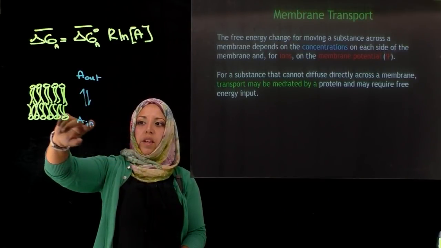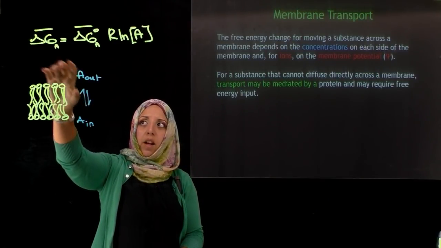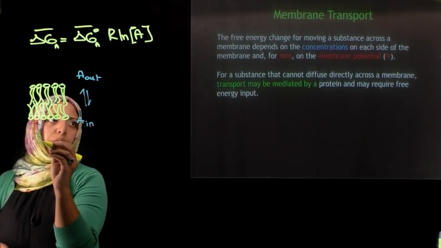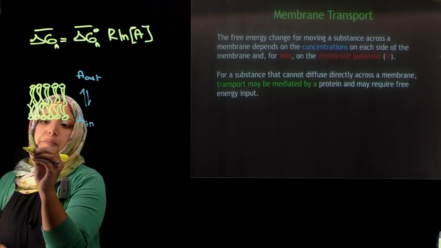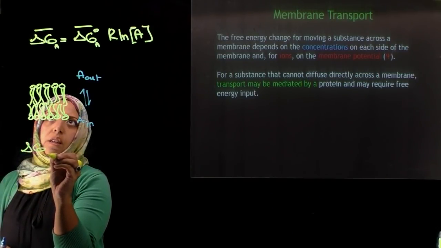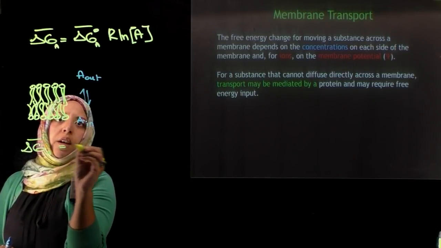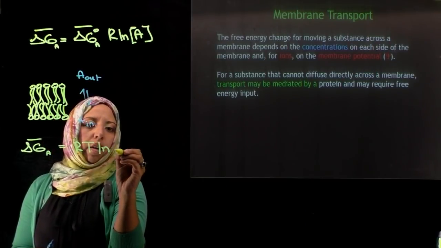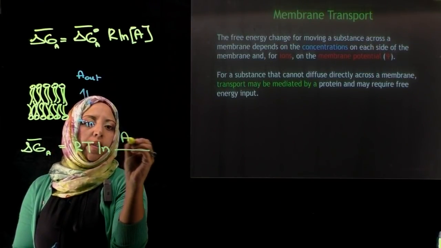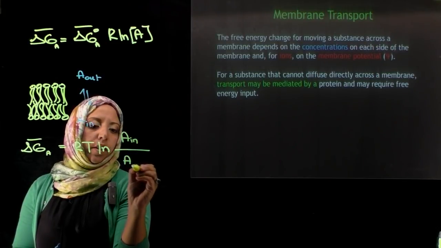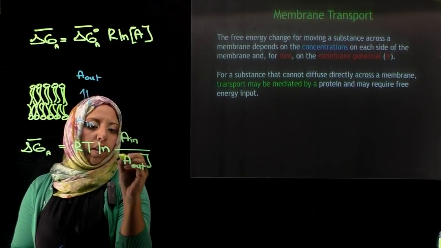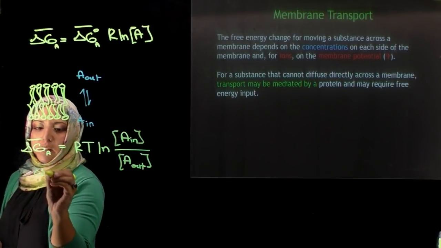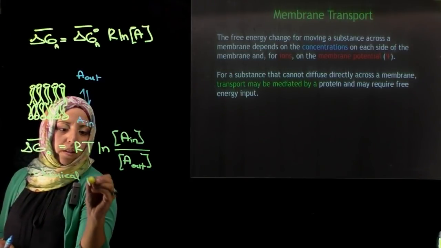So if we're considering the difference between the chemical potential in and out as it is moving, then we could rewrite it really as delta G of A, or the chemical potential, is equal to RT ln of the concentration of A inside the cell versus the concentration of A outside of the cell. And we call this the chemical potential.